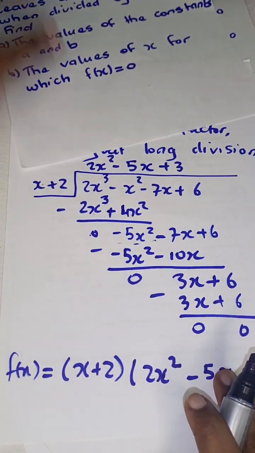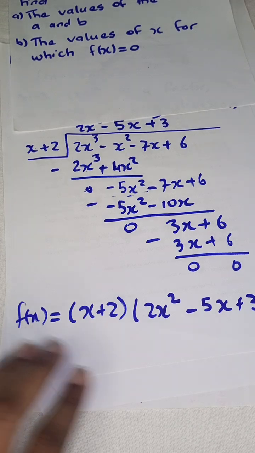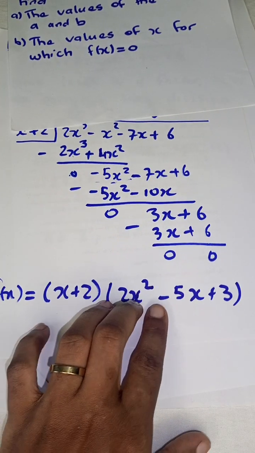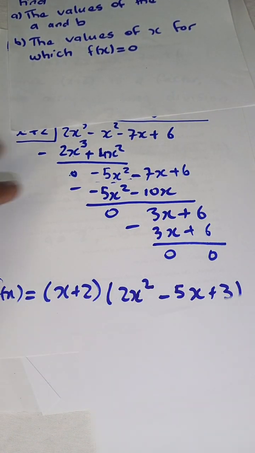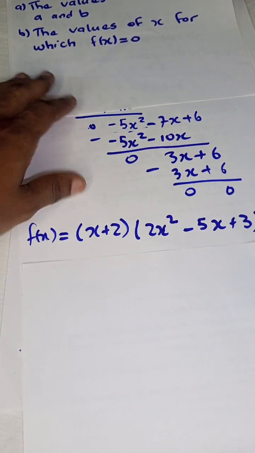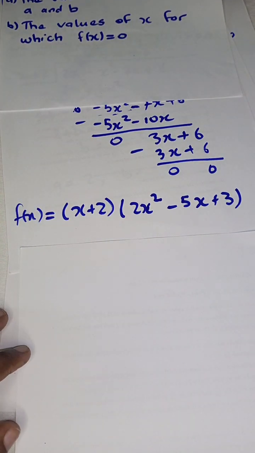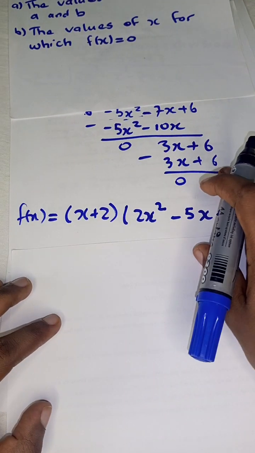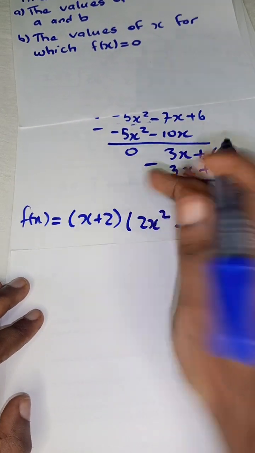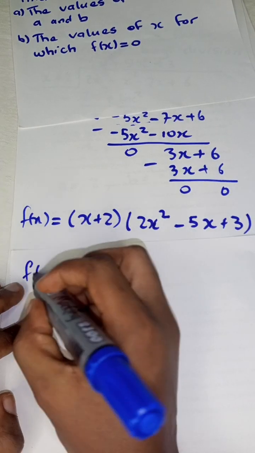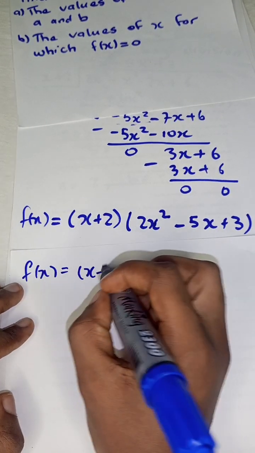We are almost there. Now we just need to factorize this quadratic in order to get all the other values of x. So factorize f of x completely. F of x will be x plus 2.